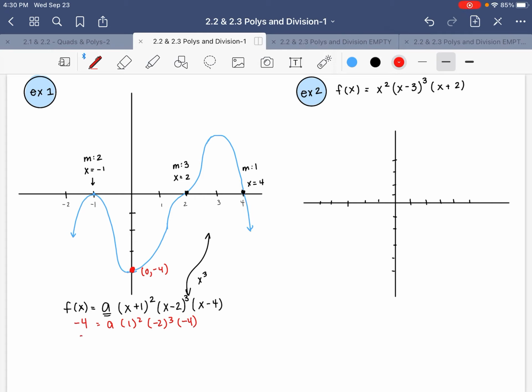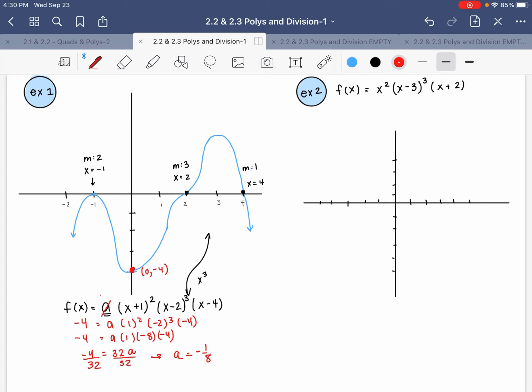Okay, what I'm going to do is I'm just going to solve all of this out for a. -4 equals a times 1 times -2 to the third, which is -8, times -4. That gets me -4 equals, so 8 times 4 is positive 32 times a. I can divide both sides by 32, and I will get a equals -1/8.